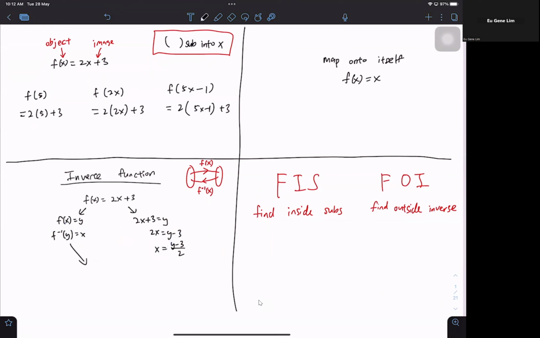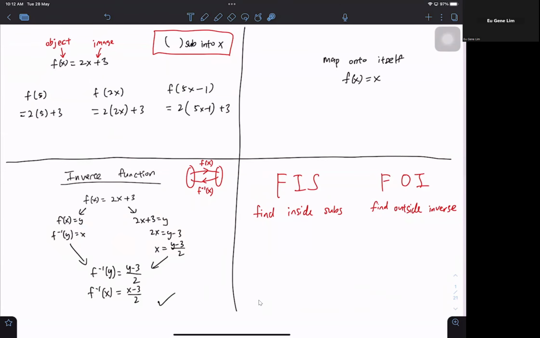So f inverse(y) = (y - 3)/2. And last, you change the y into x. So that's the inverse function. Understand?